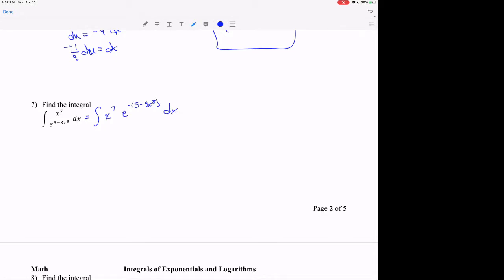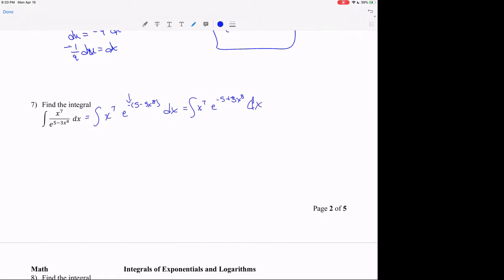All right, now distribute that minus sign through the parentheses. So that's the integral of x to the 7th e to the negative 5 plus 3x to the 8th dx.